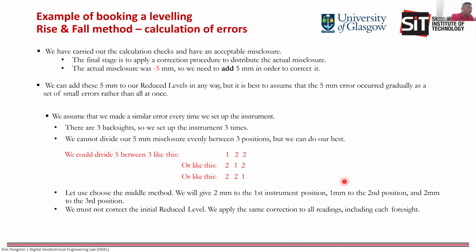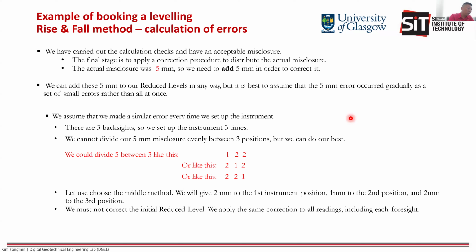So we already calculated the error is 5 mm. Then how should we do the adjustment of our readings? So we have 3 positions, right? And this 5 mm should actually happen gradually during the process. That's the most possible scenario.